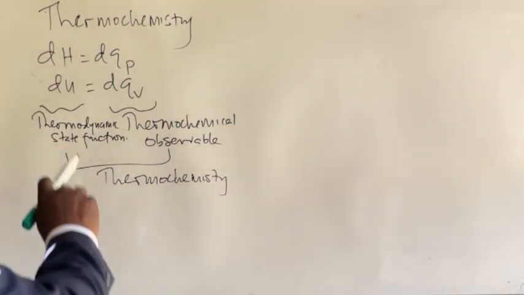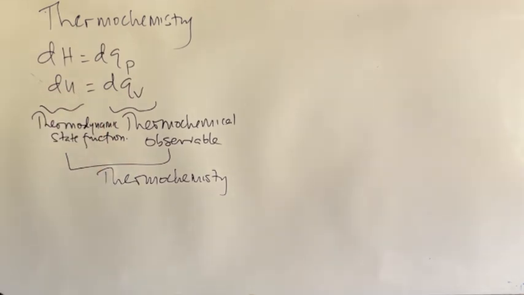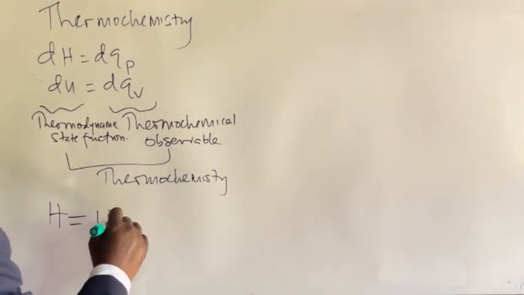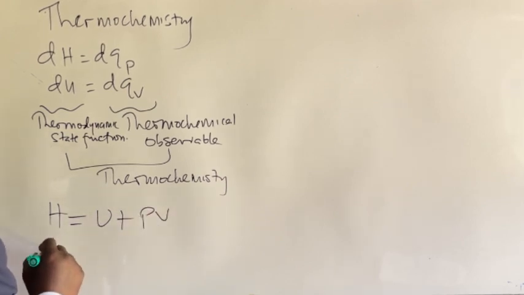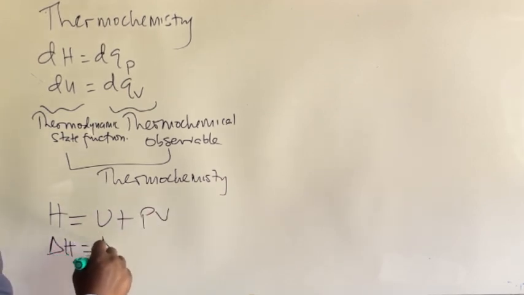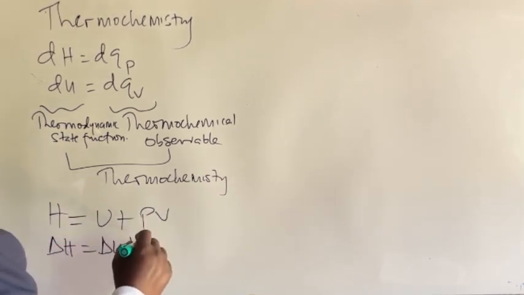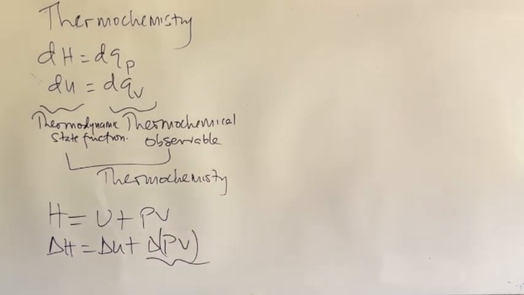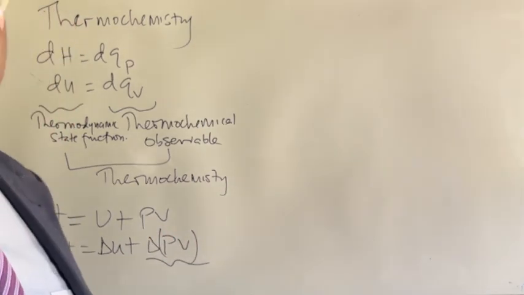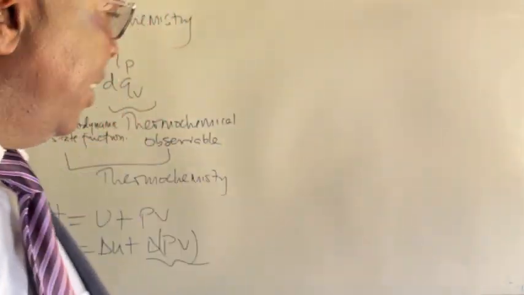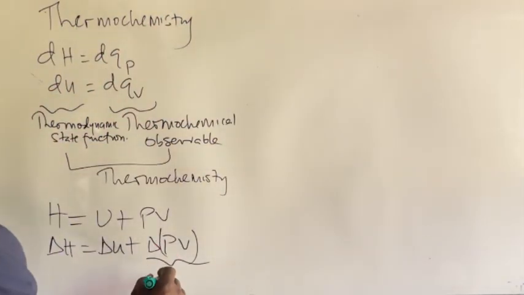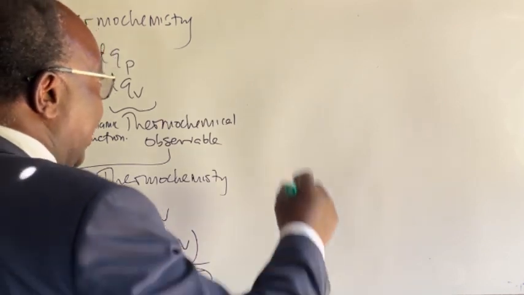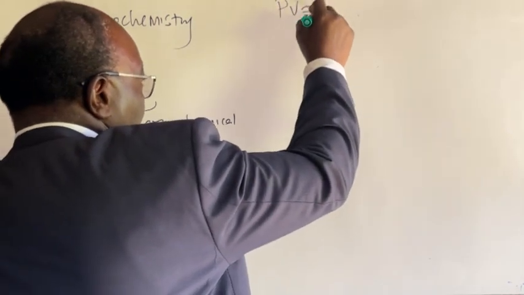So you can still obtain the value of delta U from the relationship H is equal to U plus PV. If you know delta H, you can still obtain delta U from the relationship with delta PV. I need to emphasize here that this delta PV is not necessarily nRT. nRT applies only if the gas is behaving like an ideal gas, that means it's obeying the equation of state PV is equal to nRT.